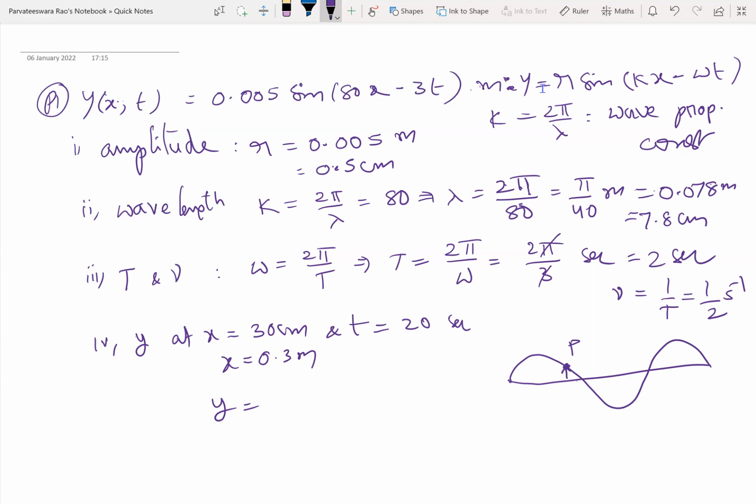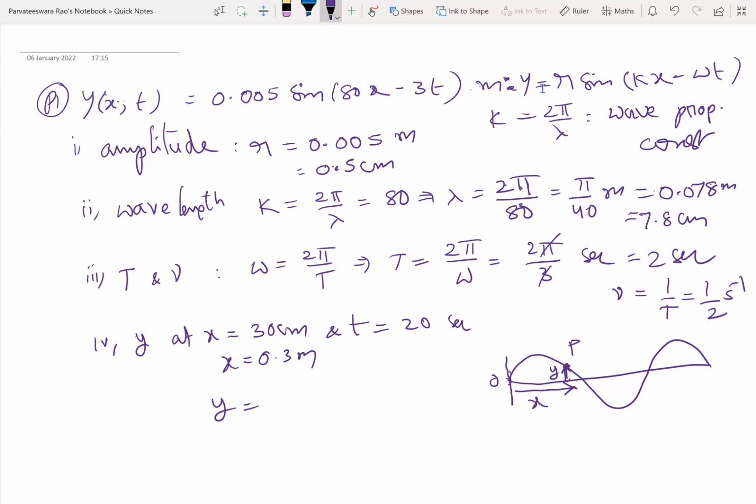So this particle has got displacement y, and here is the origin. So this distance is x. X is the distance of the particle in the medium from the origin, and y is its displacement.